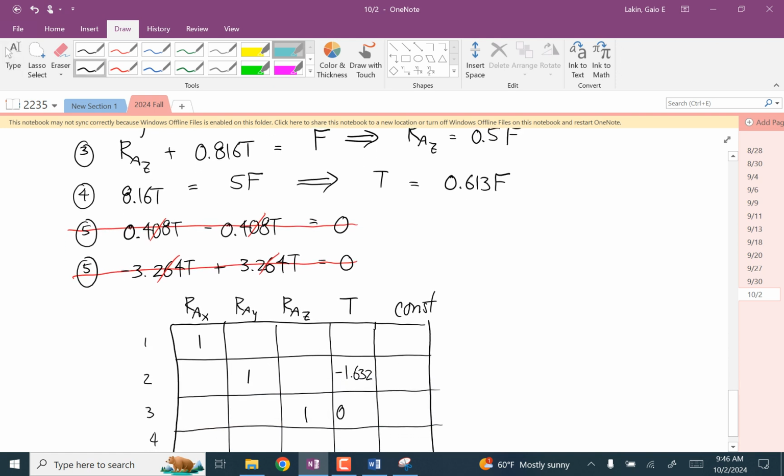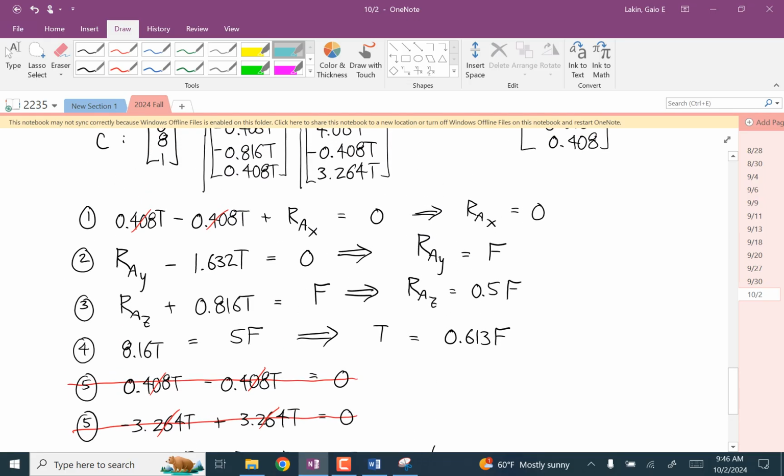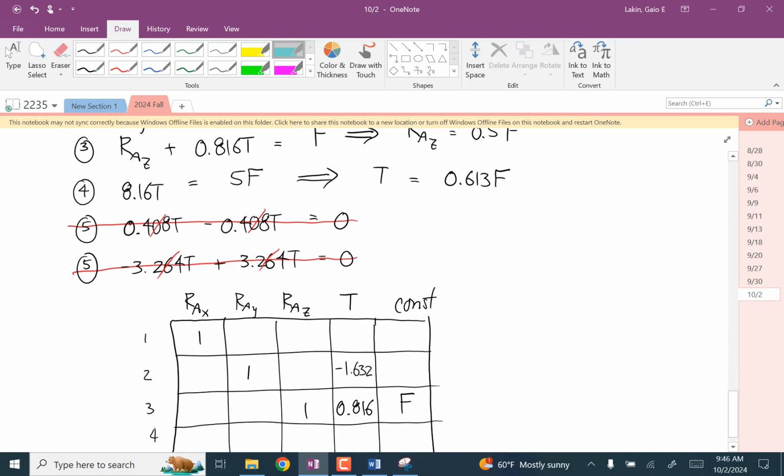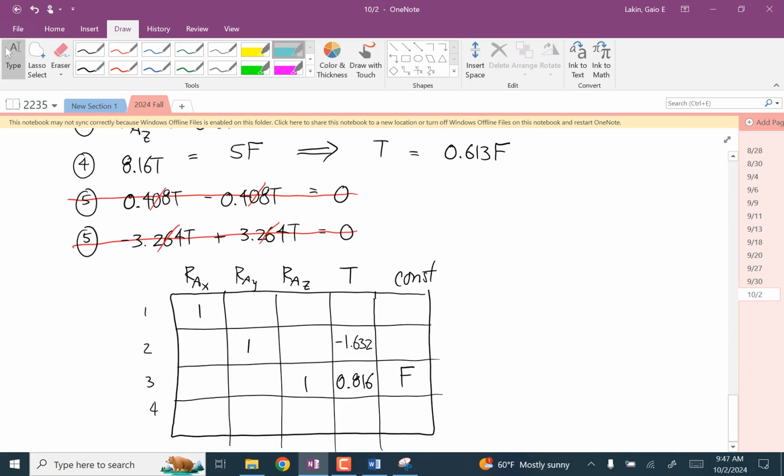T is 0.816. And the constant is F. And then the fourth one says 8.16 T, and the constant is 5F. Maybe that's true. Maybe I've only used the 89 and done that.